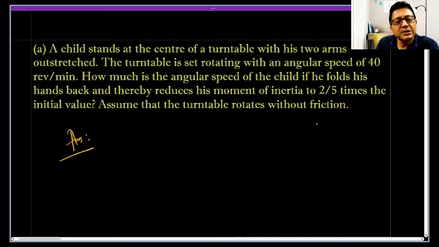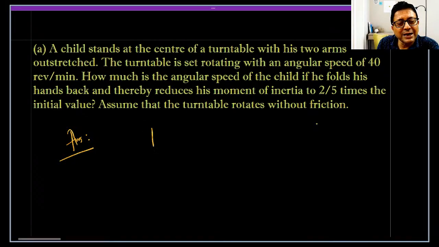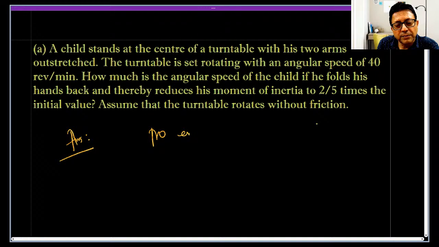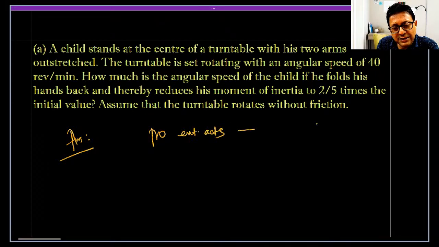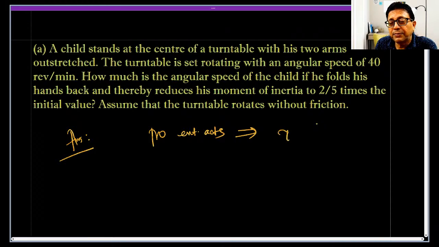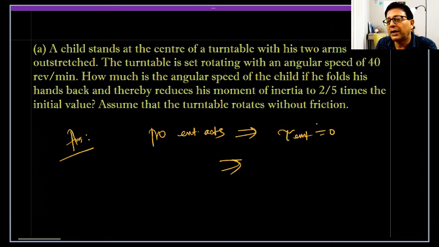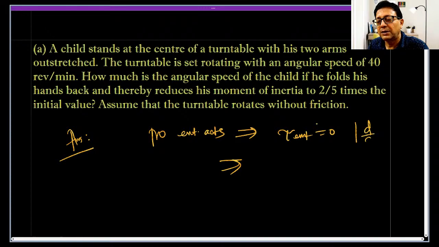You can use the concept of no external torque acting for this problem. No external torque acts. This implies tau external equal to 0. This implies tau external is what?